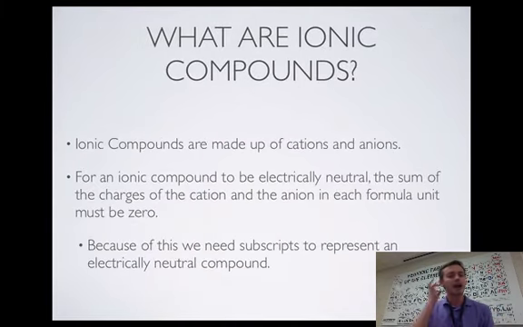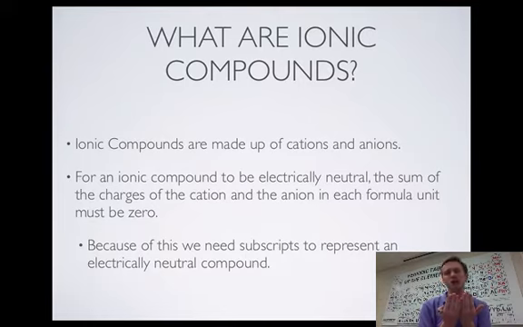All right. What are ionic compounds? Ionic compounds are made up of cations and anions. So I combine a positively charged ion and a negatively charged anion. In an ionic compound, our compounds need to be electrically neutral. So I'm going to take a positively charged thing and a negatively charged thing and put them together.